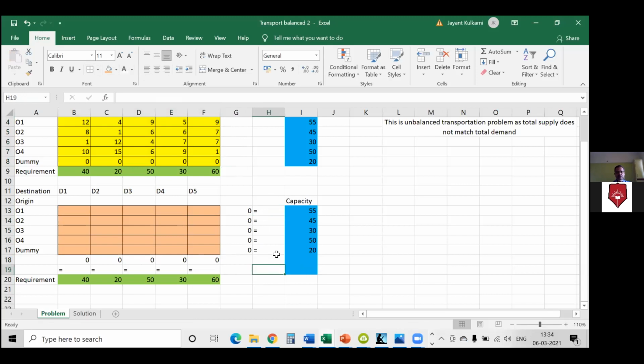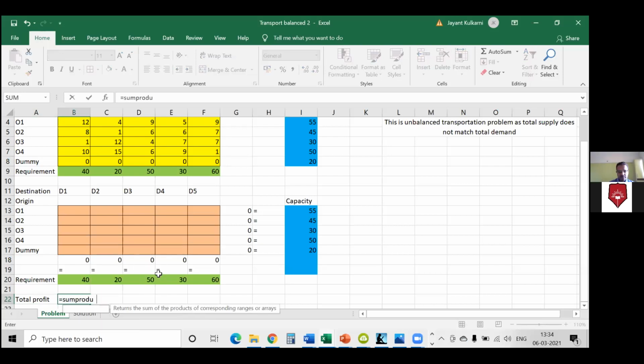Okay, all done now. We can directly go to solver and try to solve this. So of course we have to capture the total profit formula. So total profit here, formula is going to be exactly the same, sum product of matrix number 1 and matrix number 2.